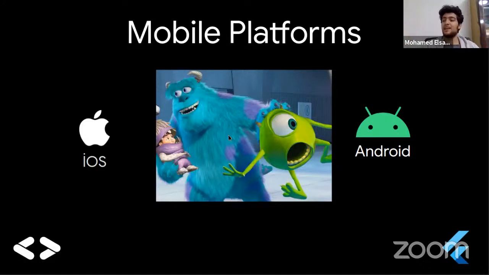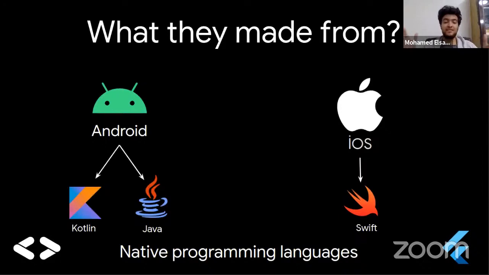And also we talked about mobile platforms, and we said that we have Android and we have iOS, and we talked about what the native programming languages are and what they are made from. We said Android is made with Kotlin and Java, and iOS is made with Swift, and this is the native programming language for each platform.